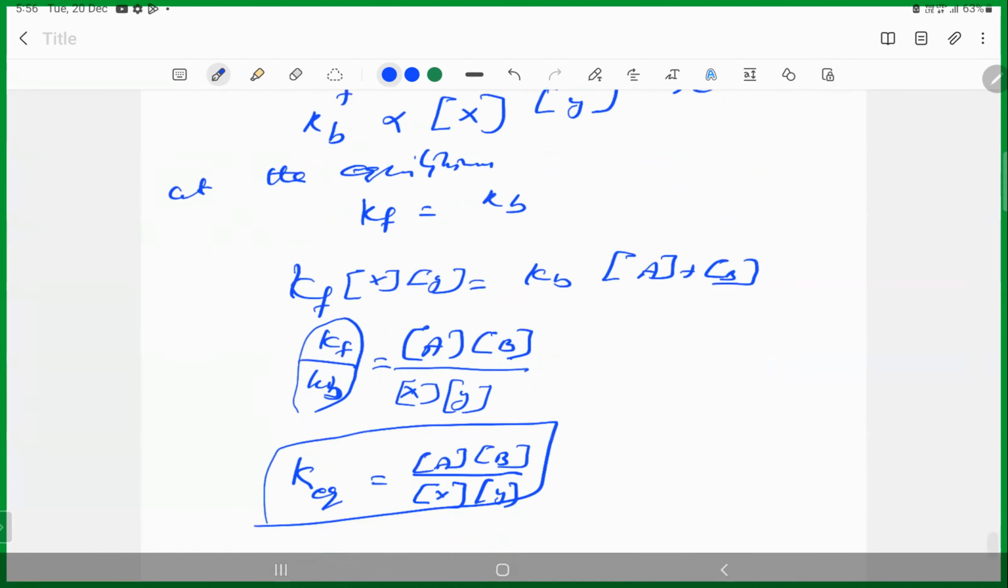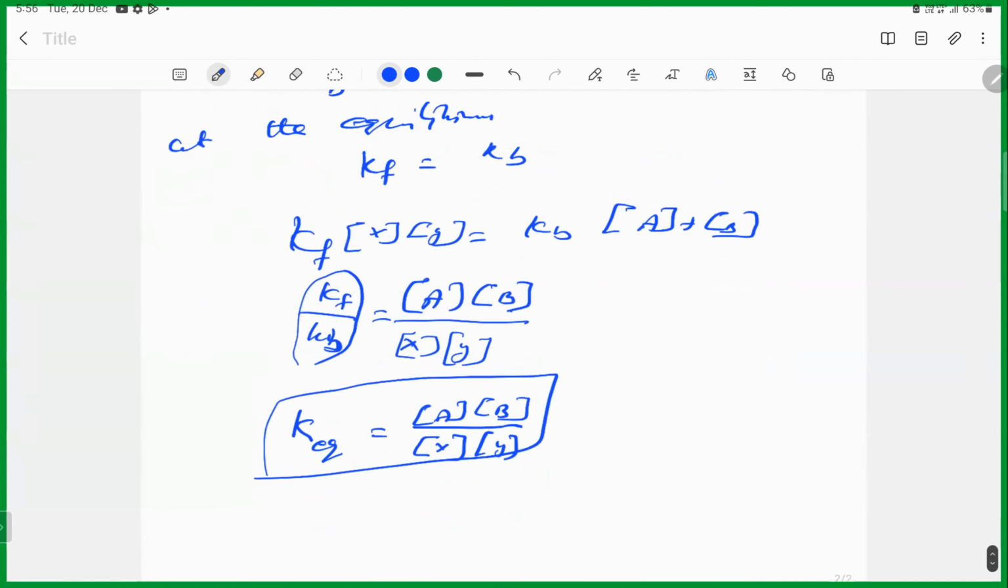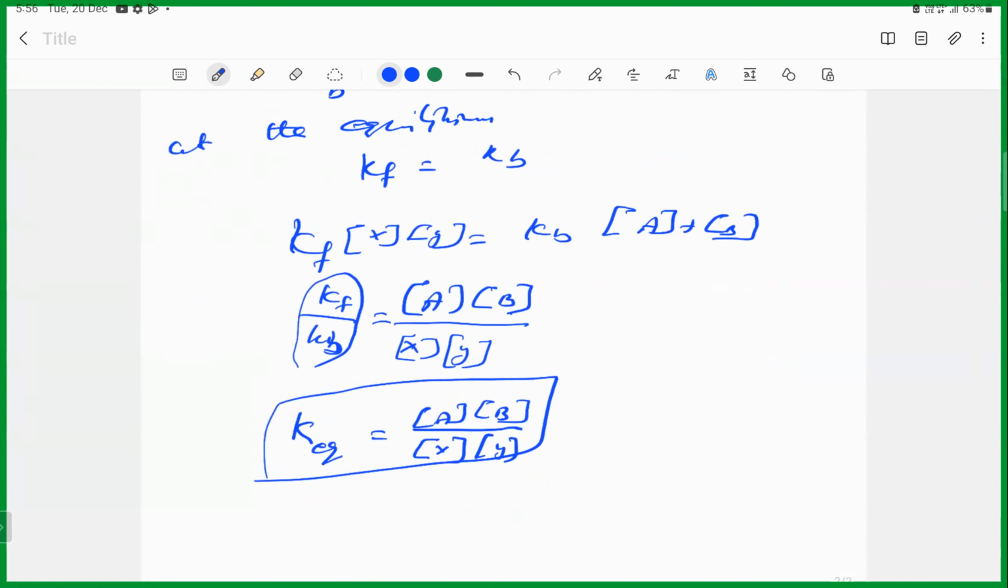So this is the one case. Always, the active mass is the number of moles per liter of the substance.